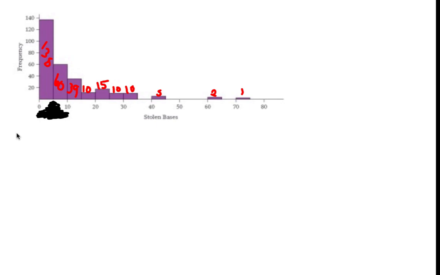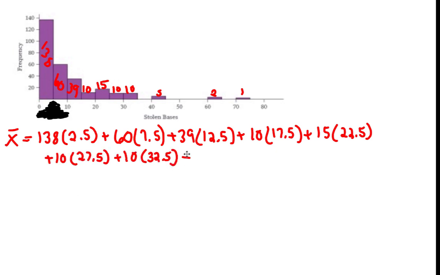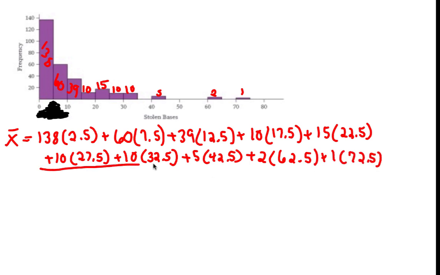So to find my mean, I take 138 times the midpoint of that bar in the histogram, so it's about 2.5, plus 60 times the 7.5, and I continue adding this up, multiplying each of these, assuming they're at the midpoint of each bar in the histogram, and then divide by the total number of data points.